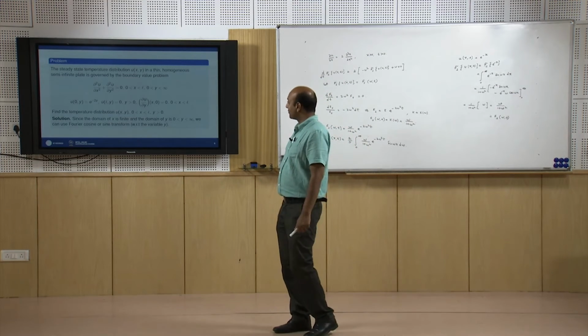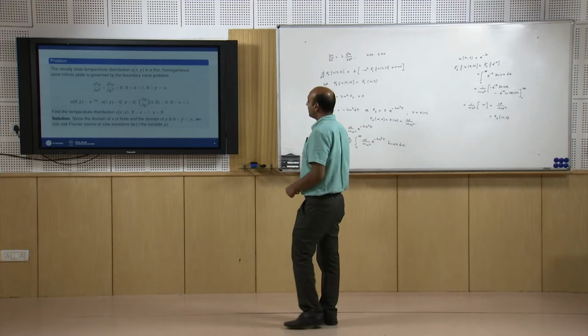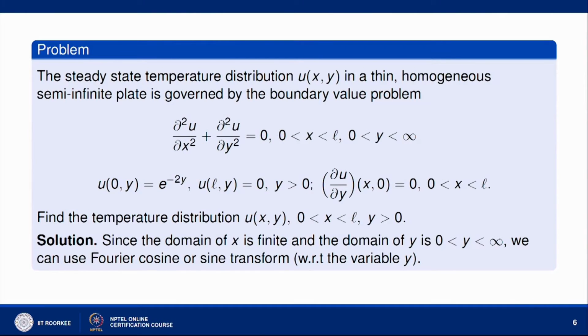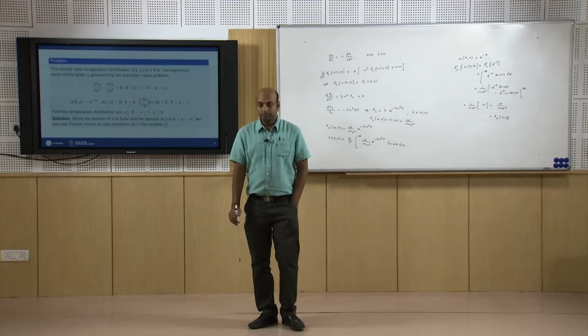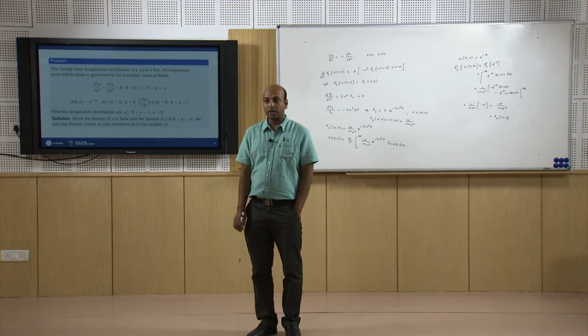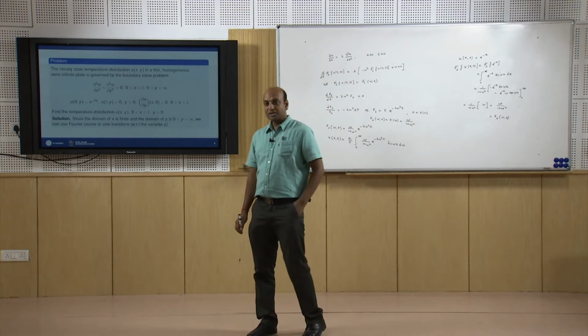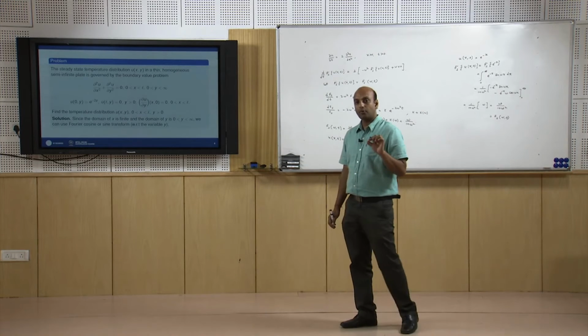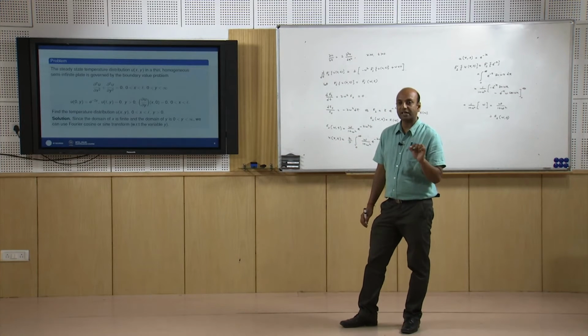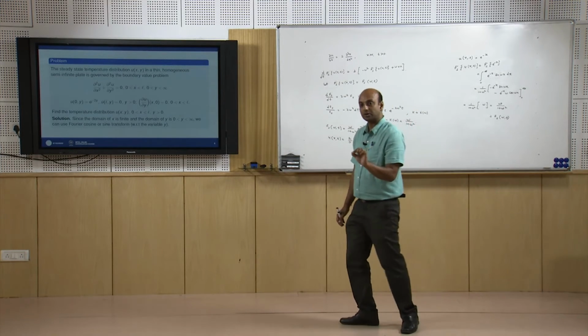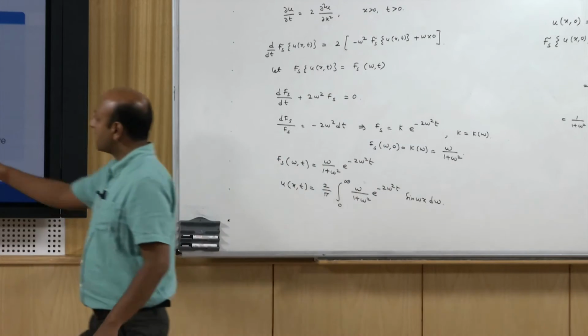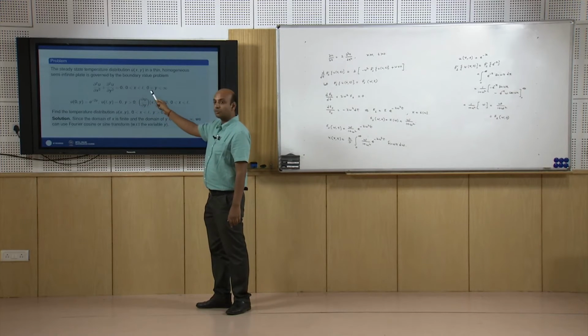It is again in half range. Now, here the half range is in y, which is varying from 0 to infinity. So, that means we have to apply the Fourier sine or Fourier cosine transform with respect to y. First we have to decide for which variable we have to apply the Fourier sine or cosine transform, and that depends on the range. Here x is in 0 to L and y is varying from 0 to infinity.